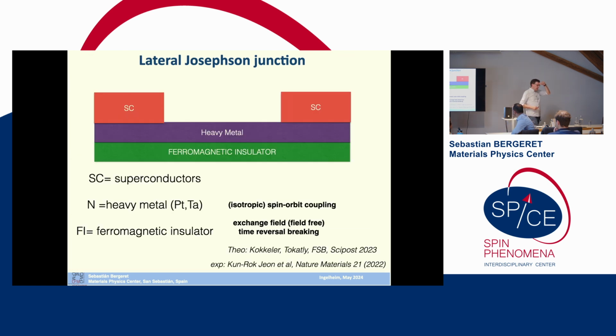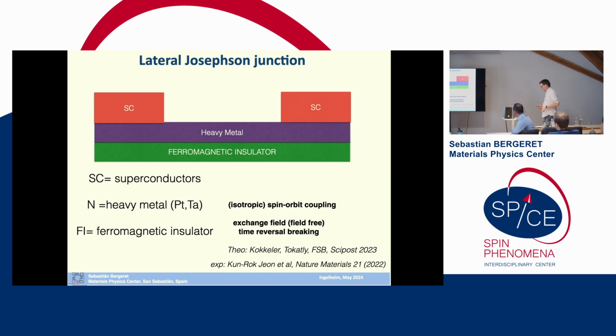Okay, so let me try to show you that even if the materials are microscopically centrosymmetric, like platinum, a heavy metal, and we build such a junction, we will get the spin galvanic effect or the finite-momentum junction.